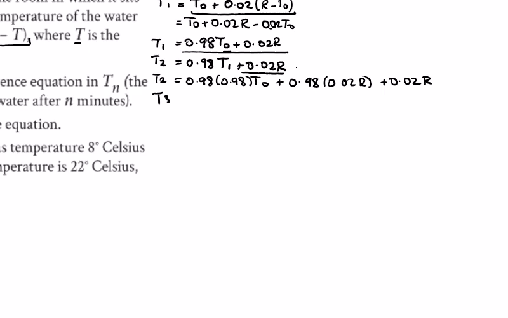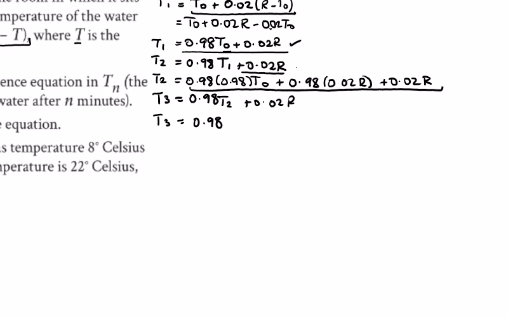What about T3? It is equal to 0.98 based on this one, T2, plus 0.02 R. So T3 becomes 0.98 by all of these guys in T2.